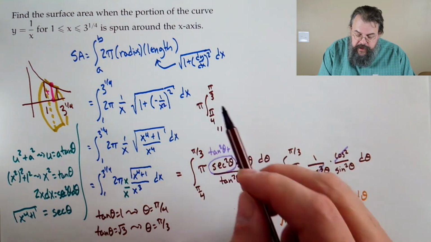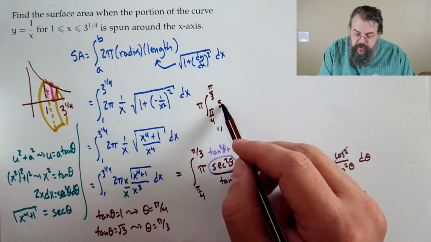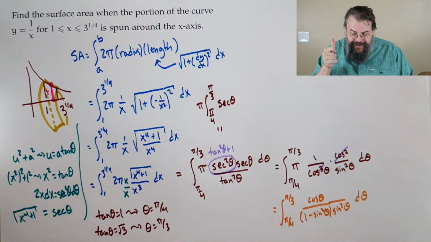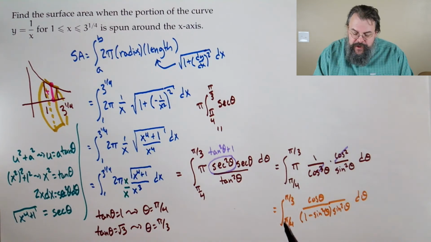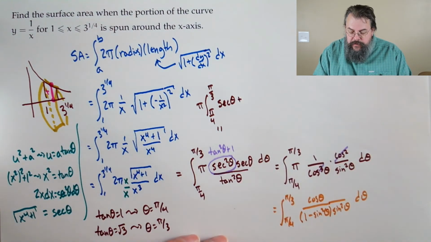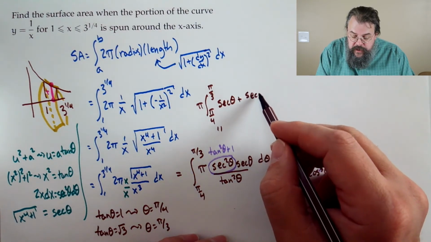Okay, I'll pull the pi out in front. I don't want to lose that. Well, that would make it just a normal secant, and we can at least integrate that part. Good for us. But then we have secant over tangent squared. Now, what would be the integral of secant over tangent squared? Well, we'll have to think about that one.